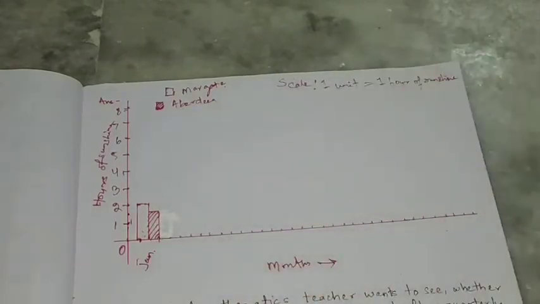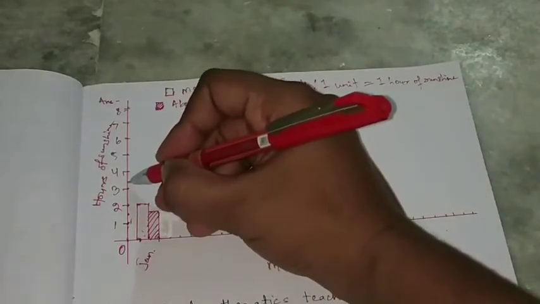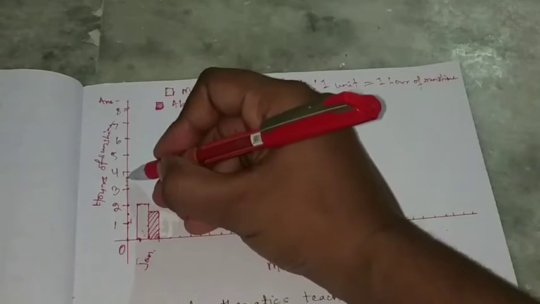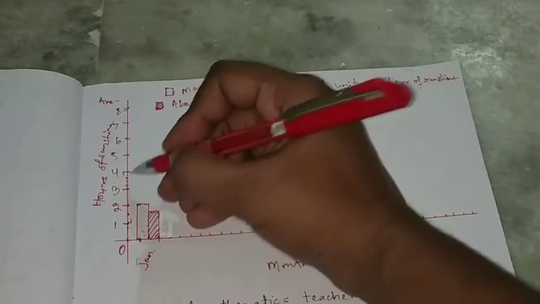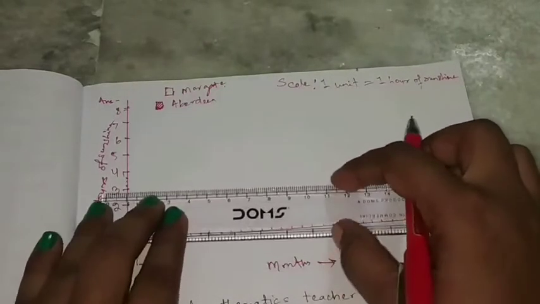Okay. Next, on February average hours of sunshine in Margaret is 3 and 1/4. This is 3. If I'll divide it into 4 parts, 1, 2, 3, 4. So 3 and 1/4. This is 1/4. So what I'll do?